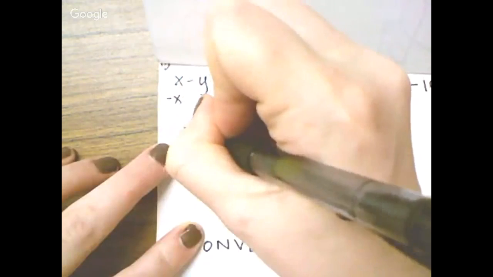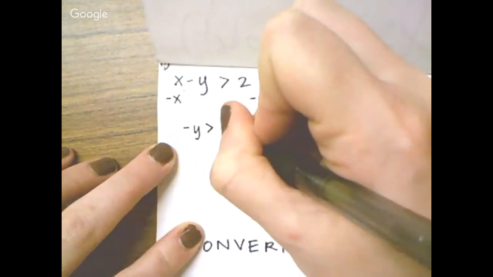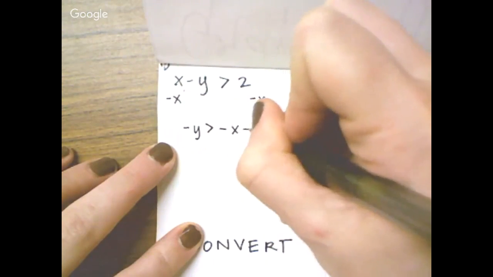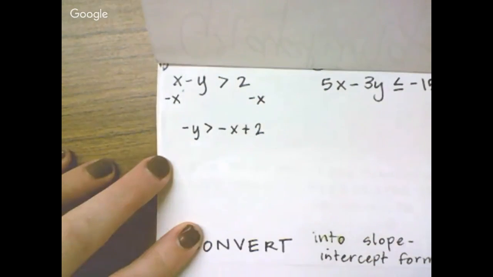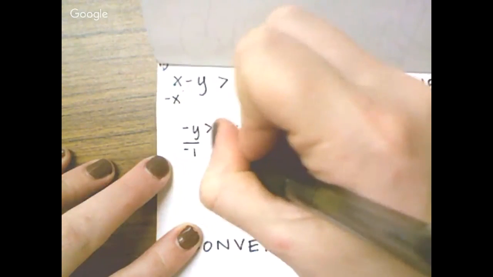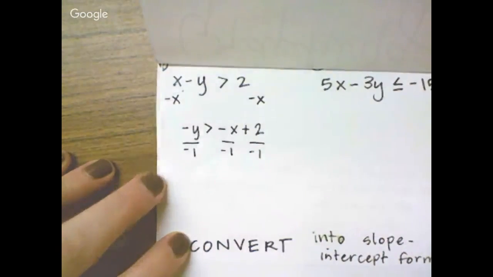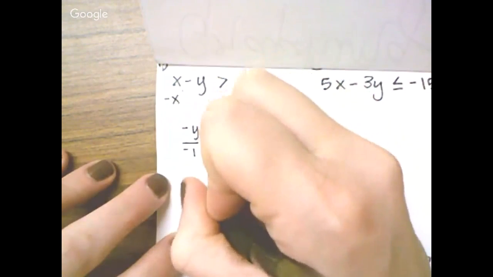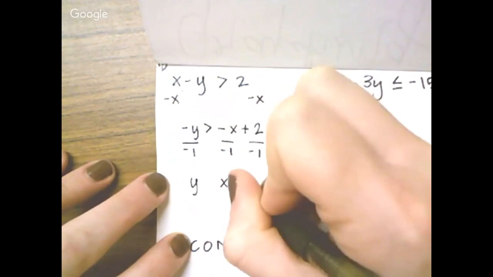So I have negative y is greater than, we'll do slope, so negative x plus 2. Then I need to divide everything by negative 1. So now I've got y, I have positive x minus 2.